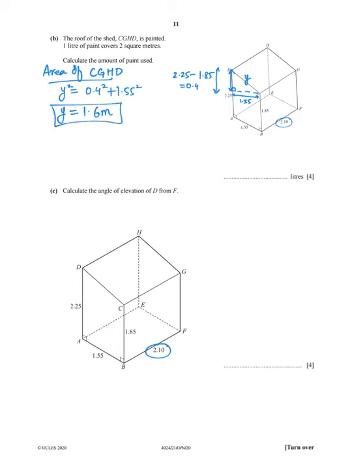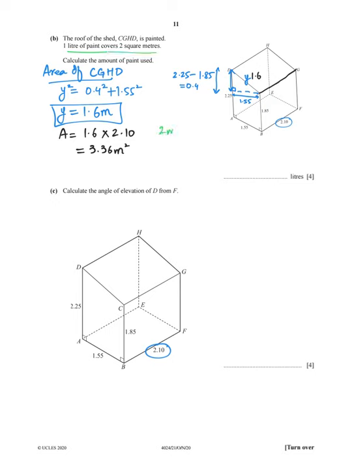Now we have the value of y, that is 1.6, and we have the breadth of the rectangle. So the area we can find is 1.6 multiplied by 2.10. So you will get the area as 3.36 meter square, right? The condition is 2 square meters requires 1 liter.